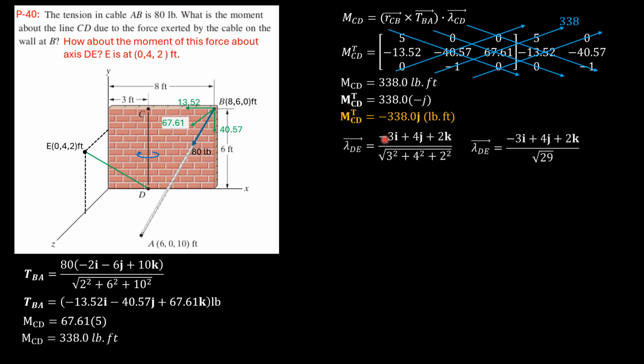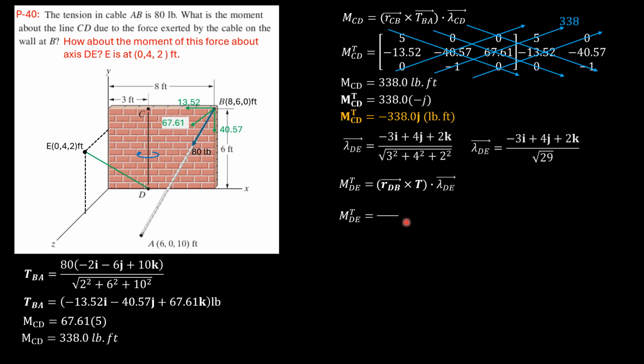Then we change this because this becomes RDB. So the moment of DE, which is a scalar value of the tension force, is RDB, and DB this time is 5, 6, 0. So RDB cross T, then dot lambda of unit axis vector DE.